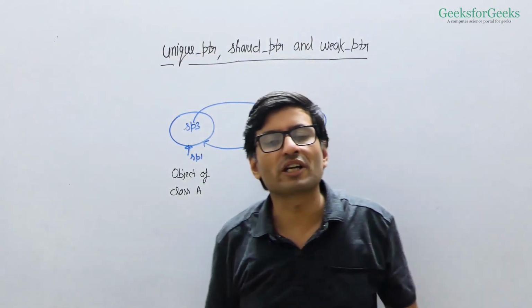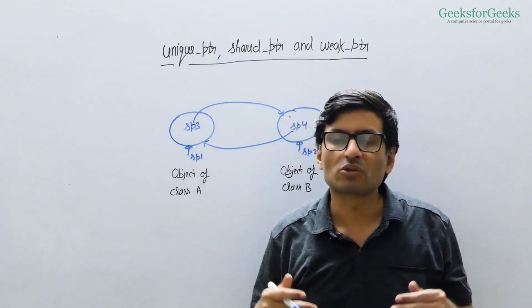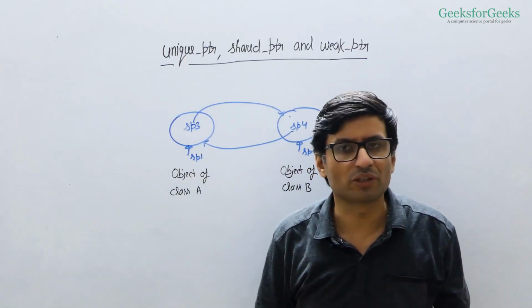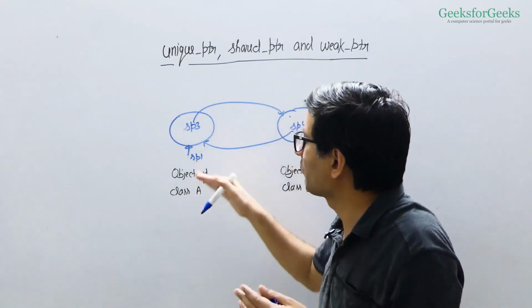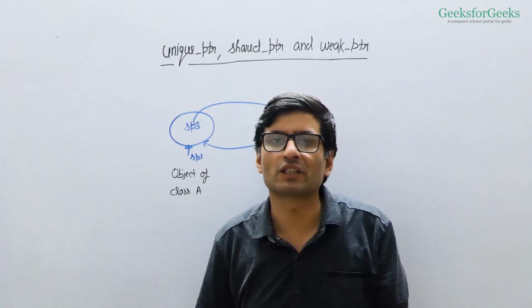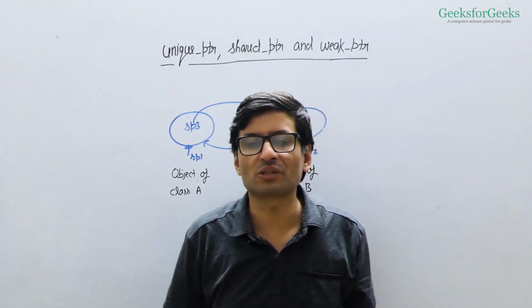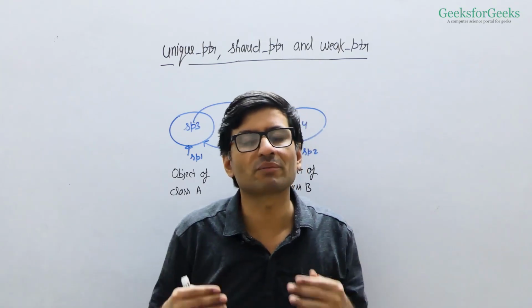So the reference count cannot be decreased to 0, and they both cannot be deleted. To solve this problem, we use weak pointers. We can have one pointer as a weak pointer rather than both of them having a shared pointer. This reduces the reference count and solves the problem of cyclic dependency.